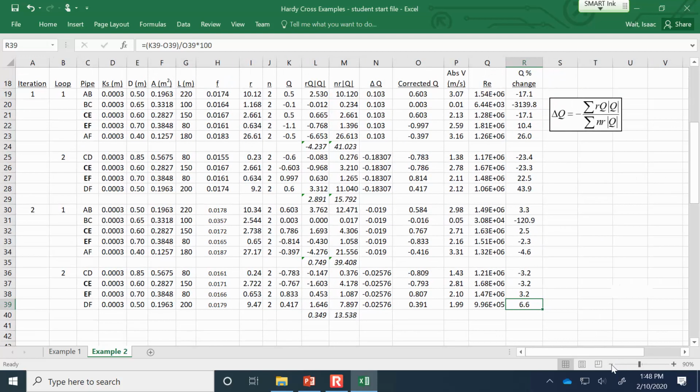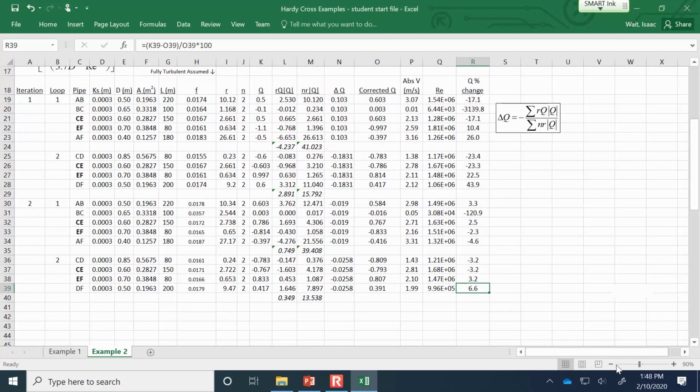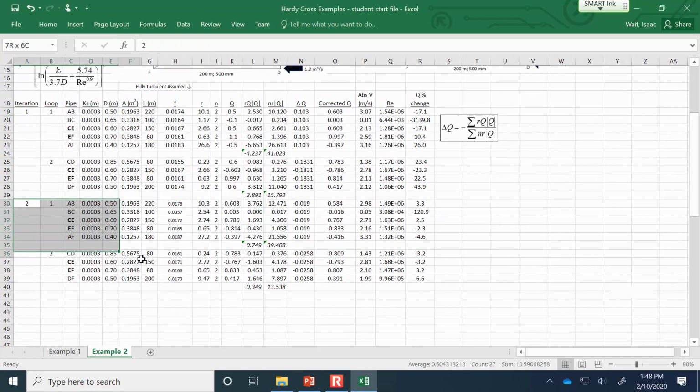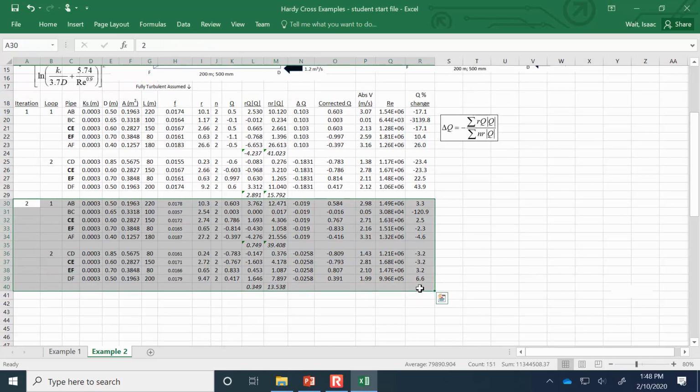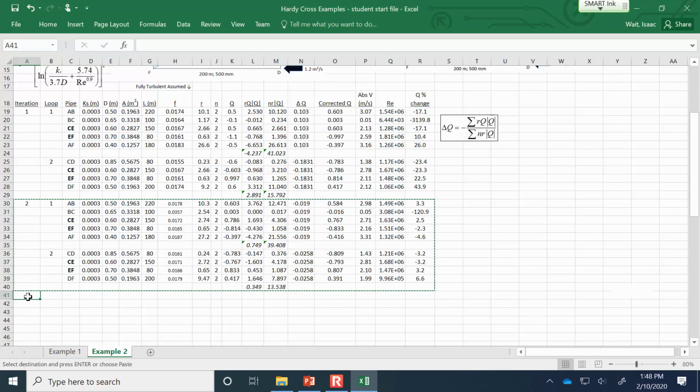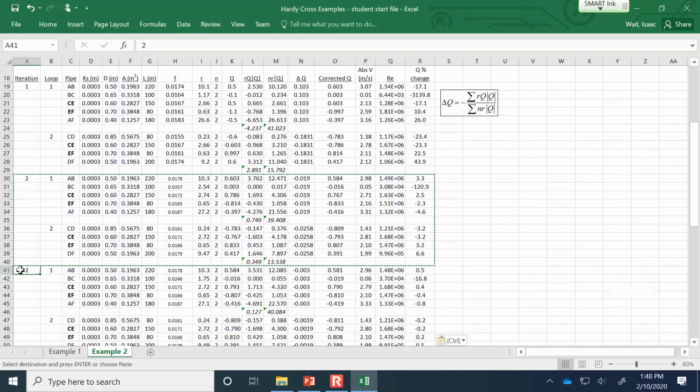Now from here, we can do subsequent iterations really easily. We just highlight everything, Control C, Control V, and all we have to change is the iteration number. That's the third iteration. You notice that this pipe BC is still kind of stabilizing.